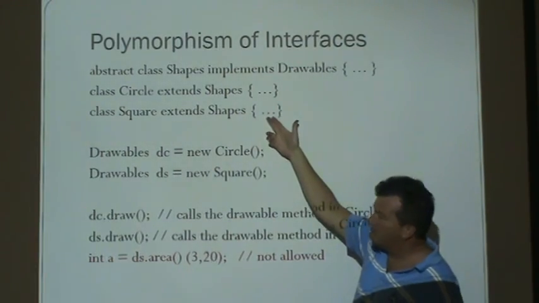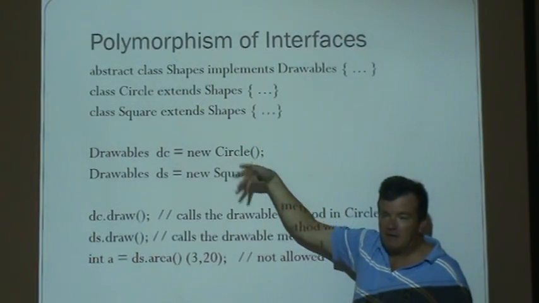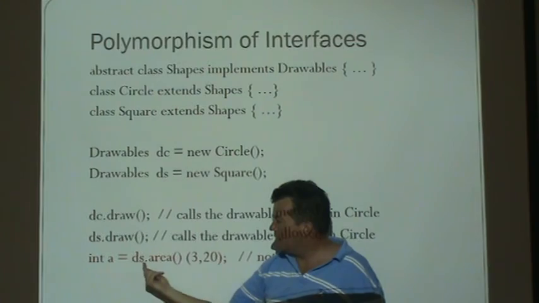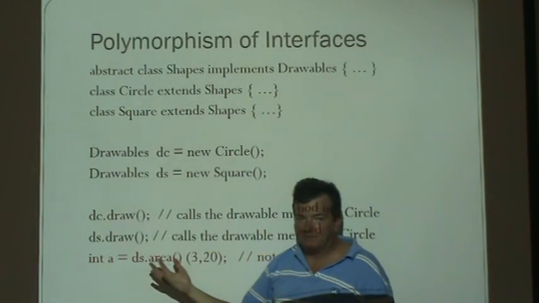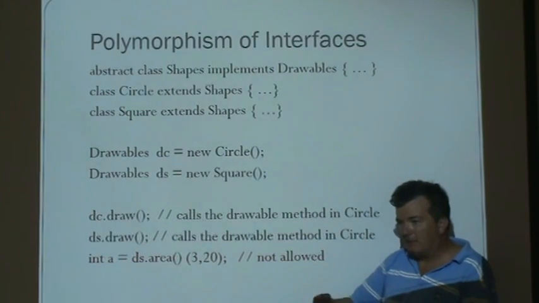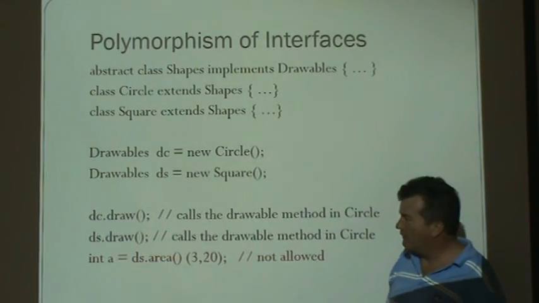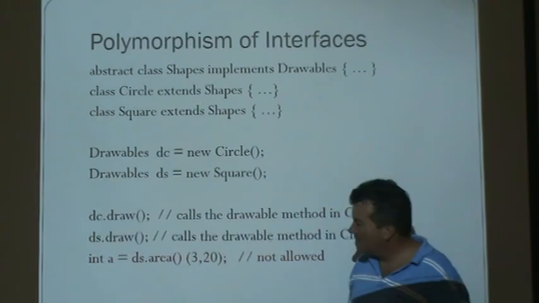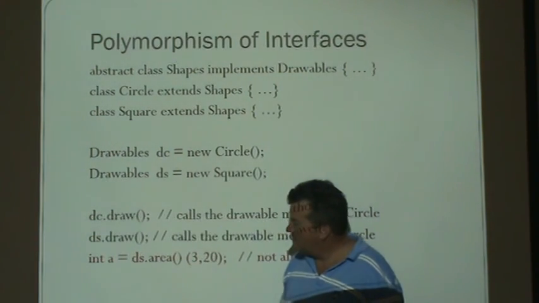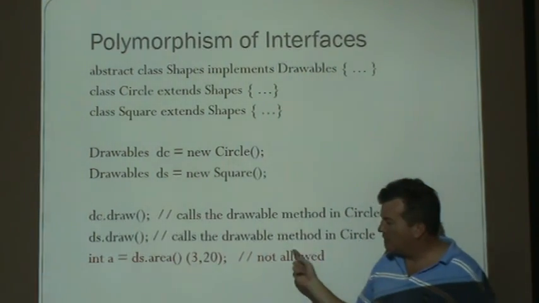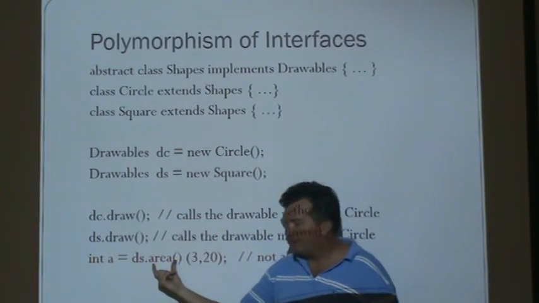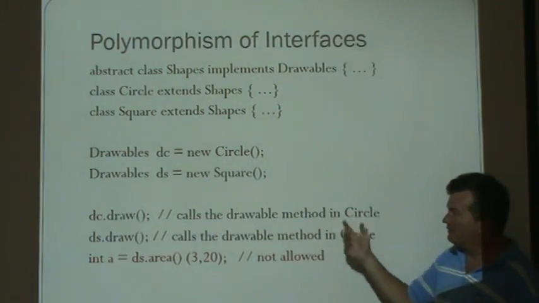It just happens to be something that's part of square. When we go to call it, the compiler wouldn't know what it's going to be pointing at at the moment. It could figure out dynamically, based on what it's pointing at, whether this thing has that function, but it ends up throwing a compiler error because it says, I don't know if the area function is something that this thing is pointing to.